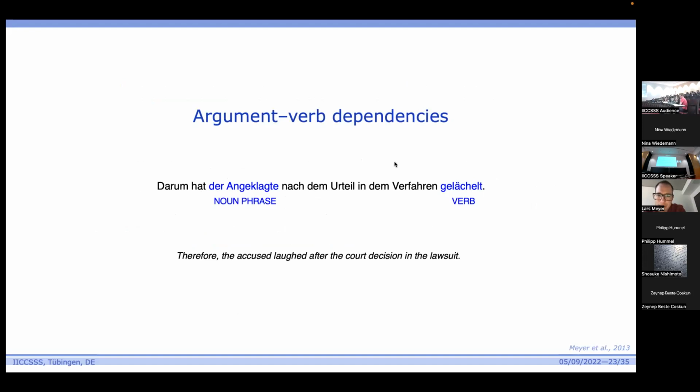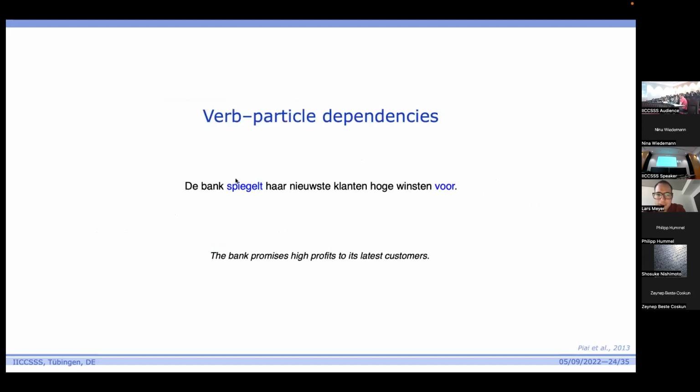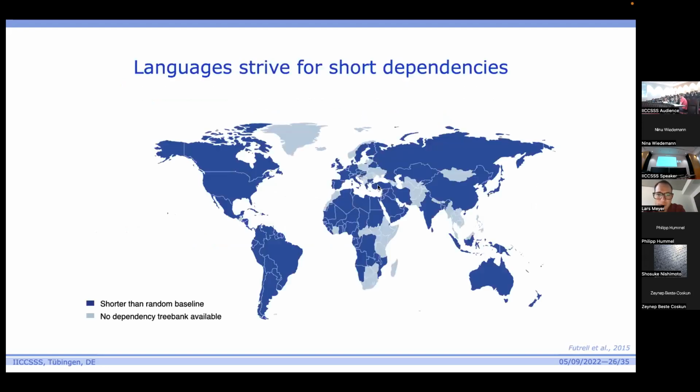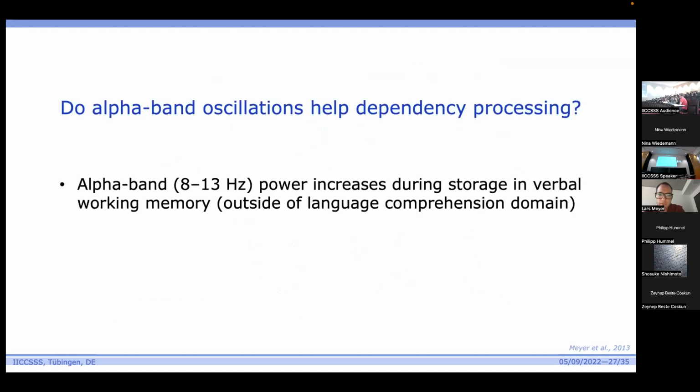You have it in verbs and particles, like in this study, spiegelt vor is the particle verb dependency, and anaphora, the pianist, he, co-reference. And this is one of my favorite studies on this, because Futrell and colleagues have shown that cross-linguistically languages strive for short dependencies, presumably because the long ones are memory intensive.